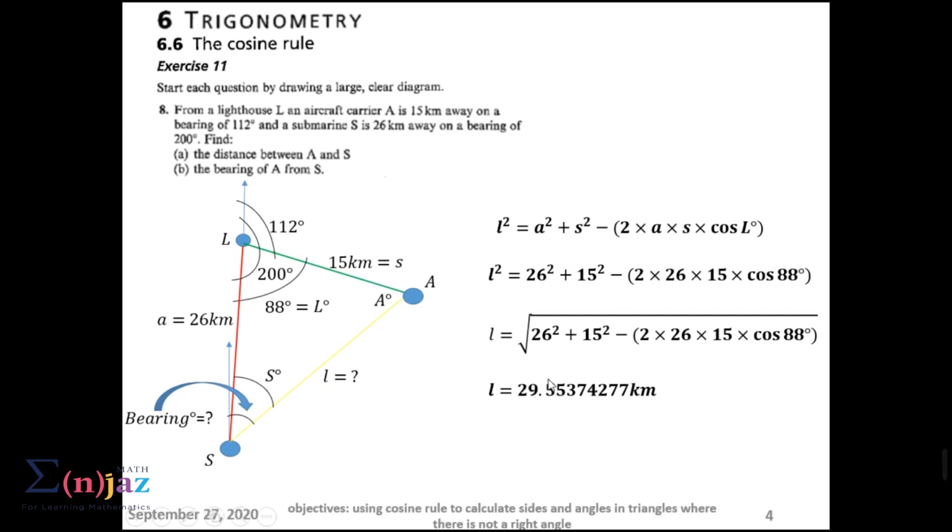So you stop at the 5 and look at the digit to the right, which brings my 5 up to 6. So the final answer correct to 3 significant figures is 29.6 kilometers.